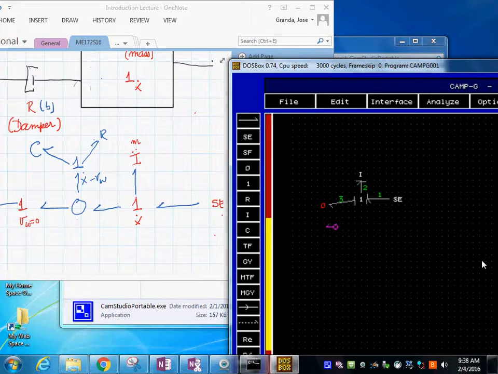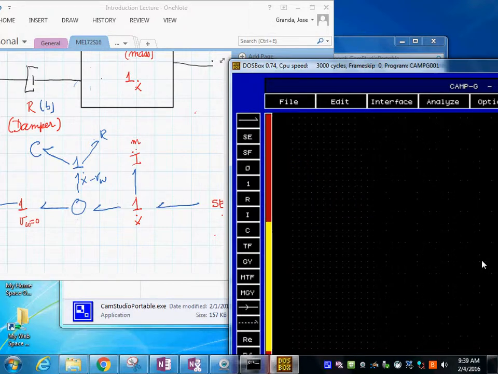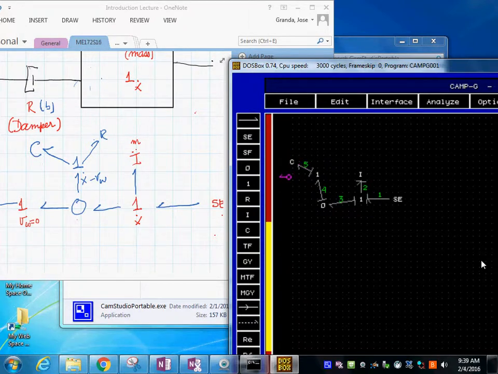Okay. And then we have a 1 over here. And then a C and an R. And then we have the R element.